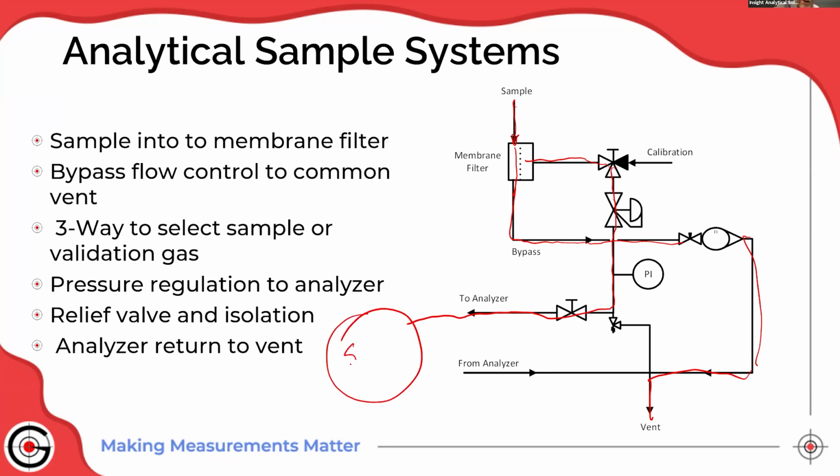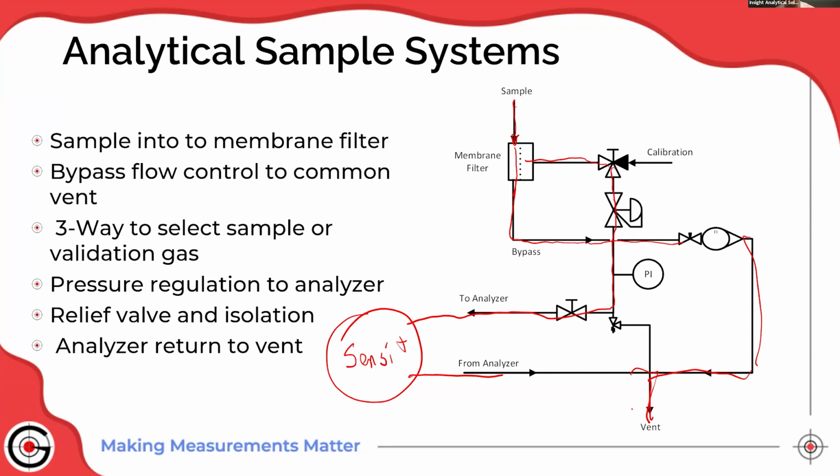That Sensi Plus is going to sit over here. Return from the analyzer goes to the common vent. So that was kind of the flow layout we wanted. And the analyzer doesn't have to be a Sensi Plus. We've used this on other ones, but it was specifically designed around the ABB analyzer.